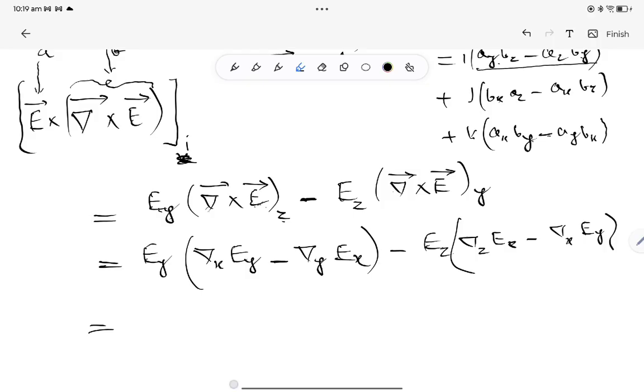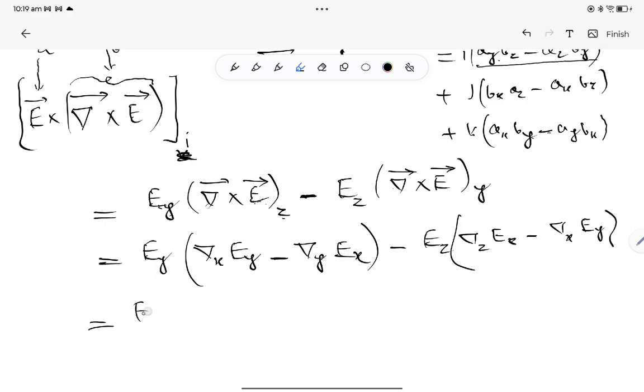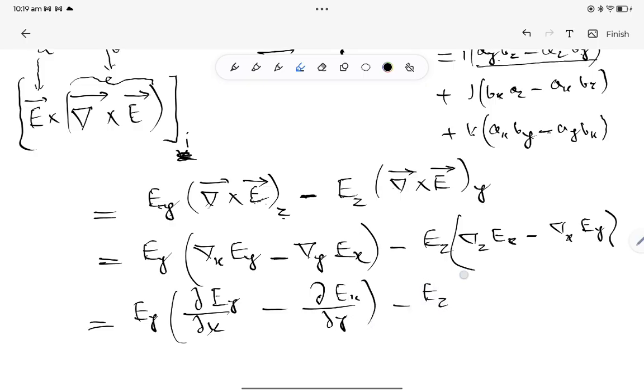Now we can then write it as Ey. This can be written as del by del x, the x component of this, Ey, minus del by del y Ex, minus Ez del by del z, Ex, minus del by del z del x Ey.